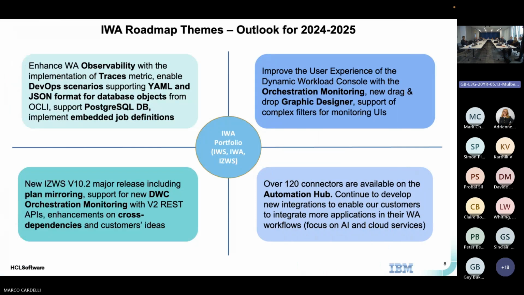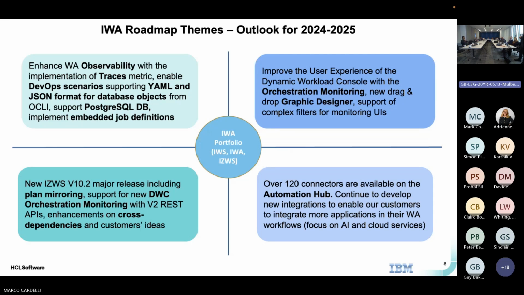Now let's take a look at the themes for this year and next year, at least. So the medium-term roadmap. Obviously, we have a very long backlog that will cover the next 5 to 10 years.